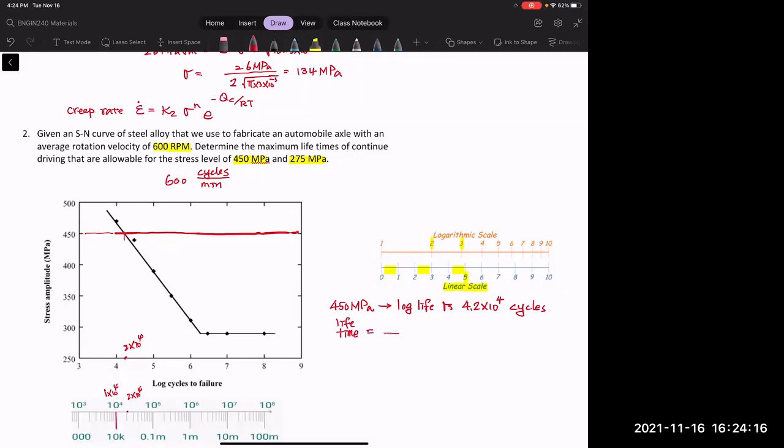It's equal to your total number of cycles, and you divide by the RPM, because the RPM is cycles per minute. So when you divide these two, then you get the time, which is in minutes. So this one here is 2 times 10 to the fourth, divided by 600, and that gives you the result in minutes.